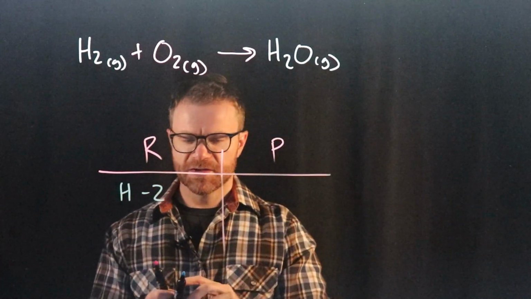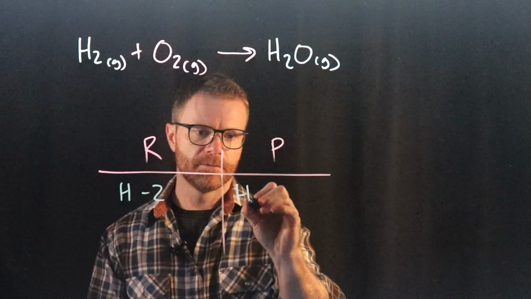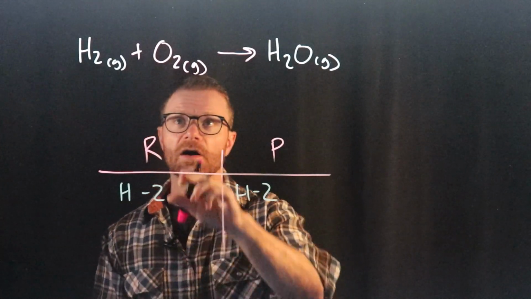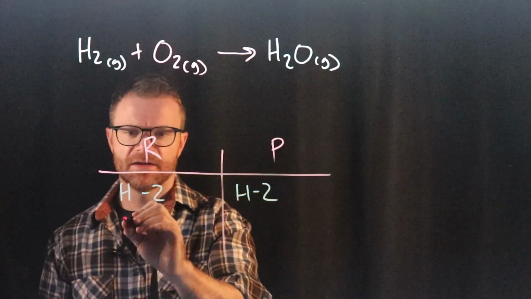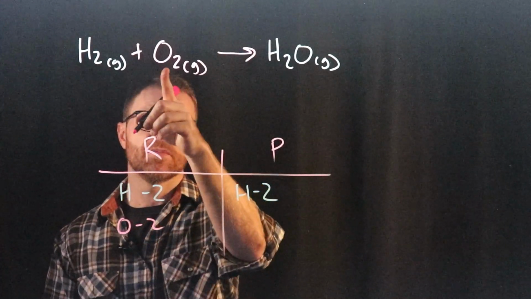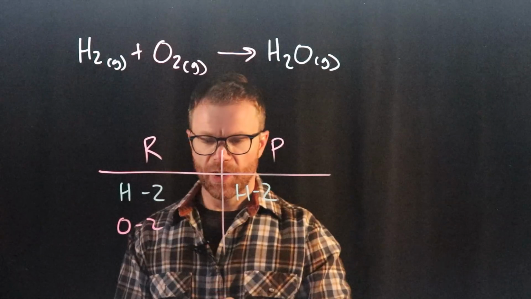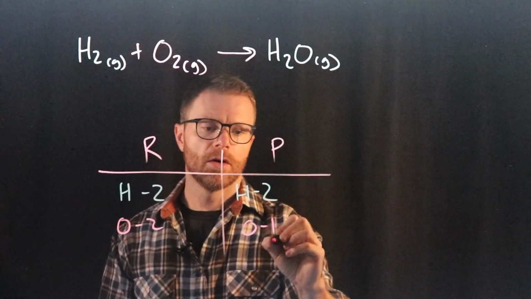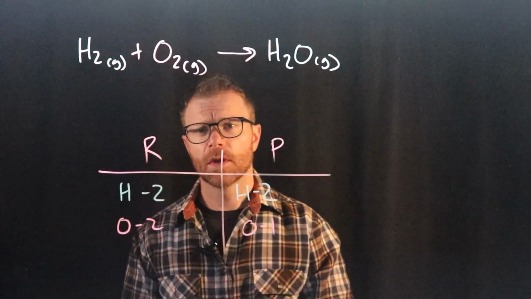And in my products, there's 2 of them. So far, so good. Oxygen, in my reactants, there's 2 of them, O2. And in my products, O. There's 1 of them.